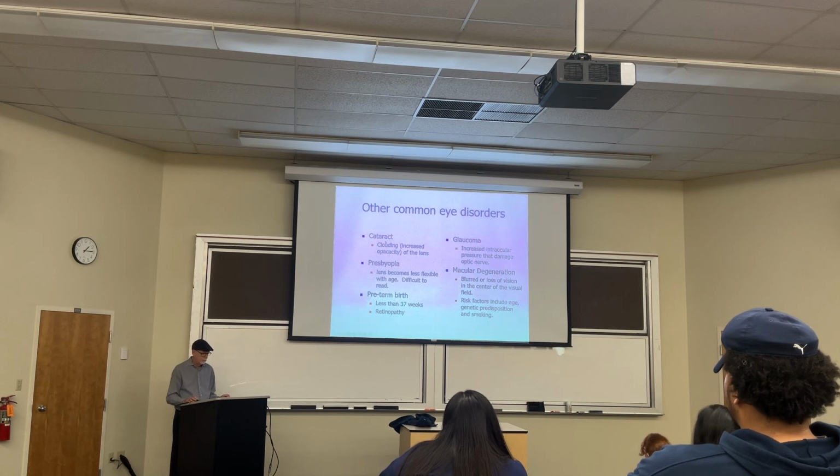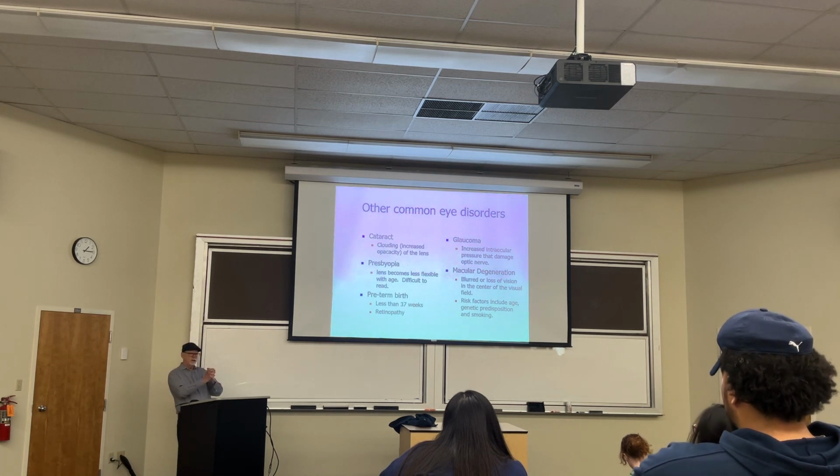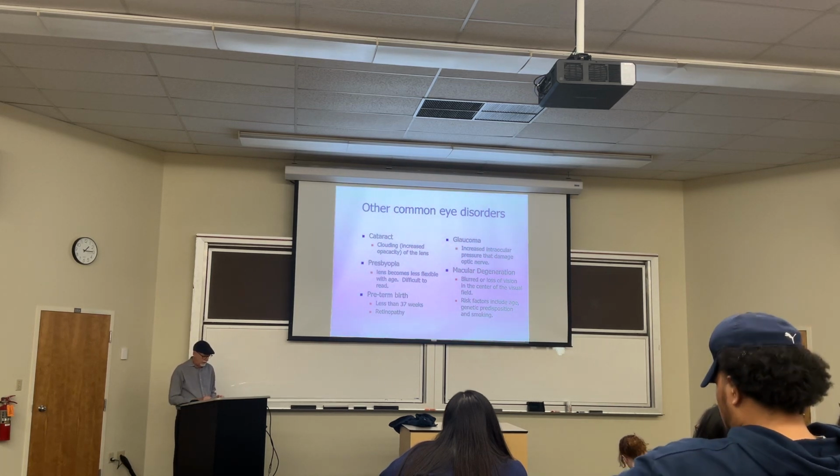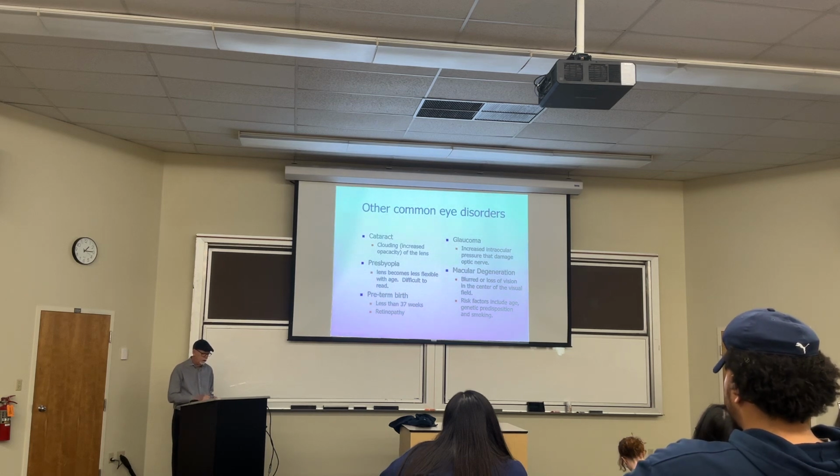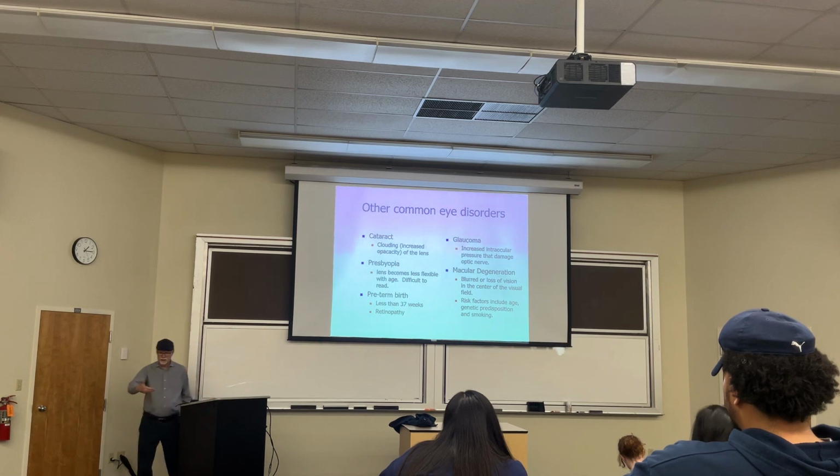Presbyopia we talked about a little bit. The lens becomes less flexible with age. The lens is supposed to change shape for accommodation, and it doesn't do that as well, so we can't accommodate as well, which means we cannot see near vision.